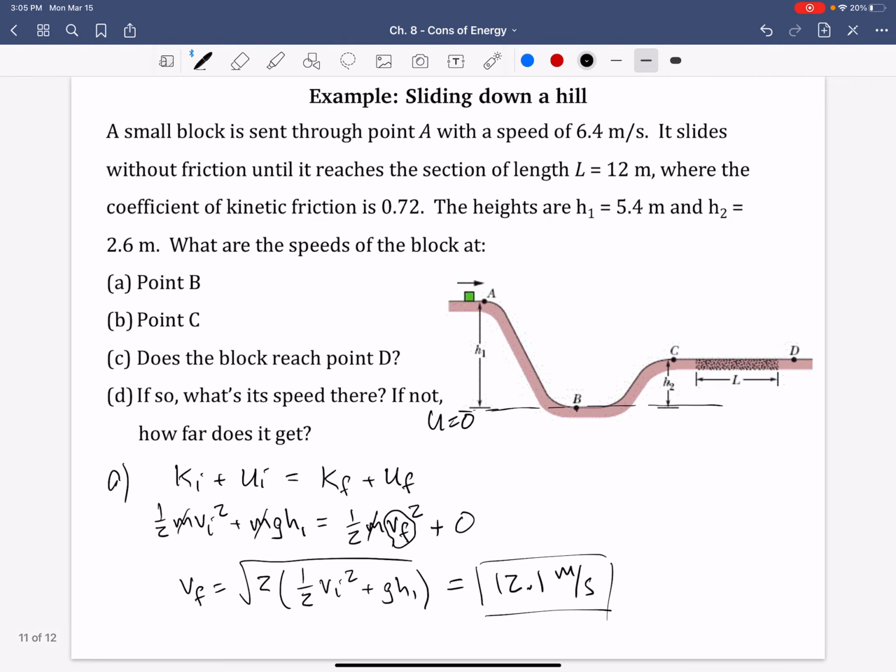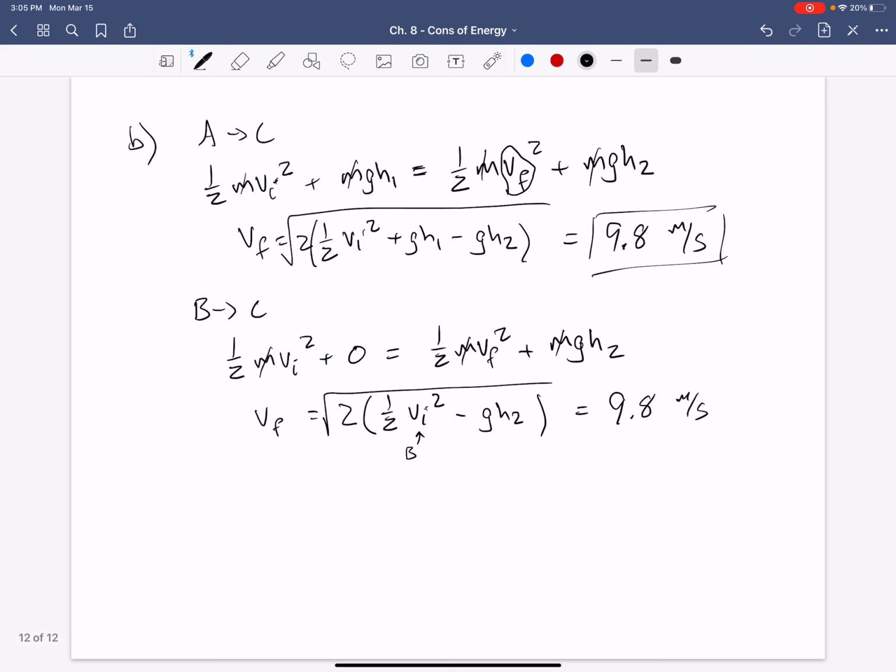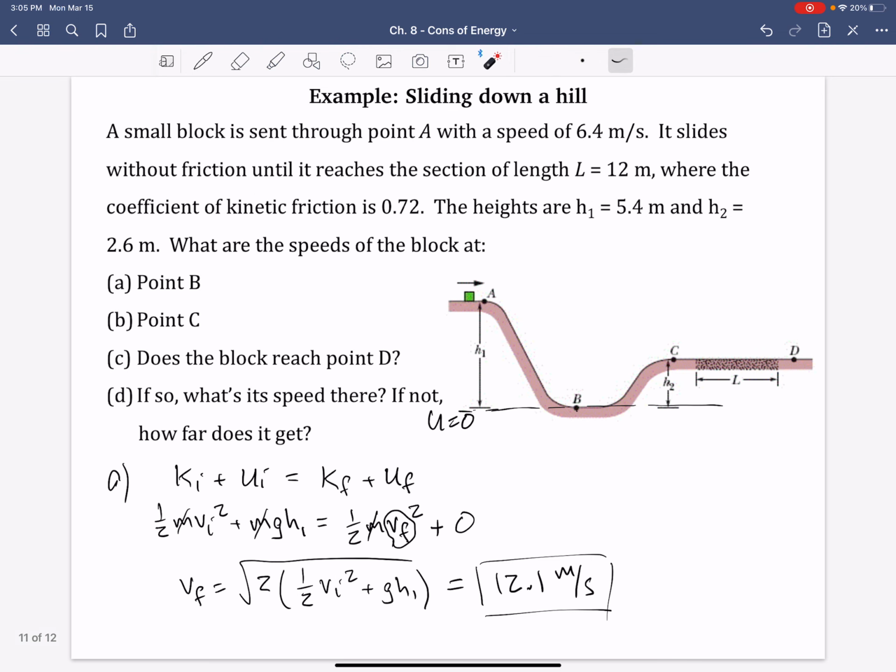And lastly, in part C, does the block reach point D? Okay, well, let's see here. What do we need to answer? We need to answer the question of, does the block at point C have enough energy, both from kinetic and potential sources, to overcome the energy lost due to friction in order to move the entire length L?